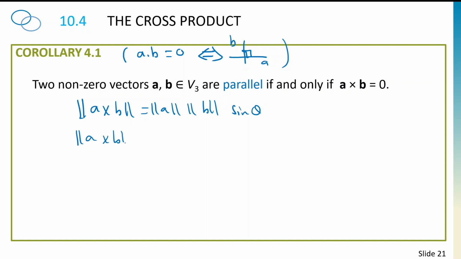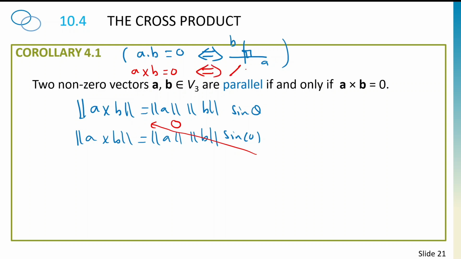So A cross B will be the magnitude of A, magnitude of B, sine of 0. And this makes all of this side equal to 0. So the cross product will be equal to 0. Now we know the rule: the cross product equals 0 if and only if the two vectors are parallel to each other.